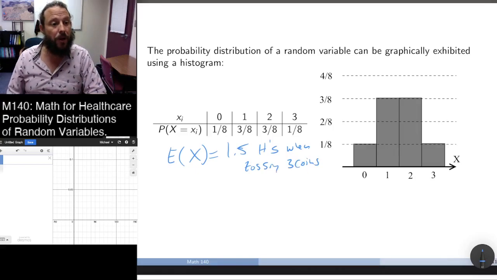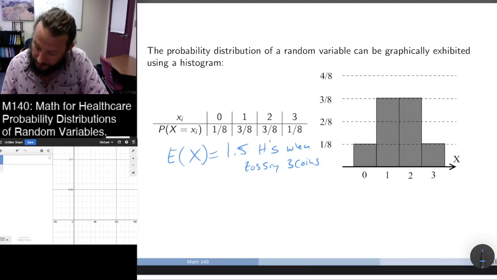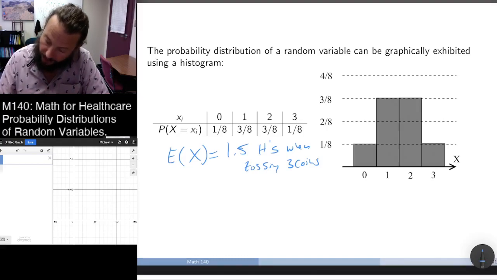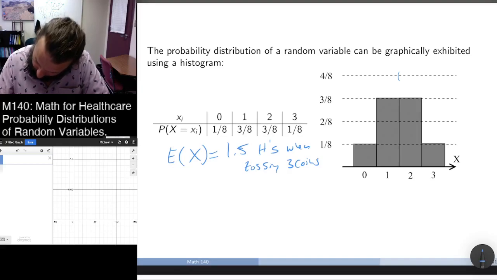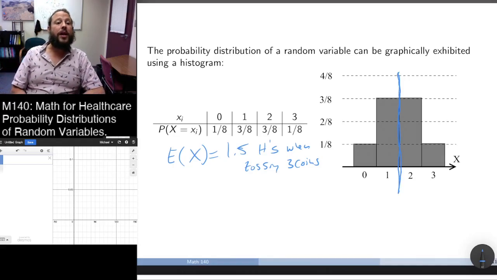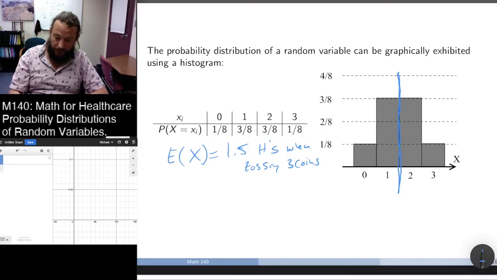It's not too surprising that it's half, considering the probability of success is half. Notice where 3 halves or 1.5 is? It's right there, right in the center of that distribution.